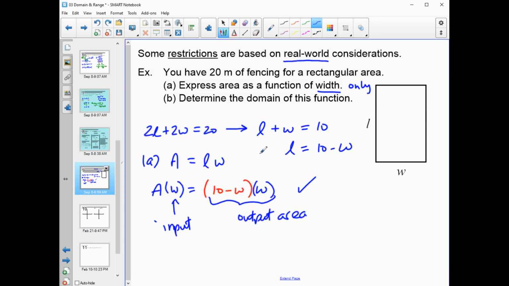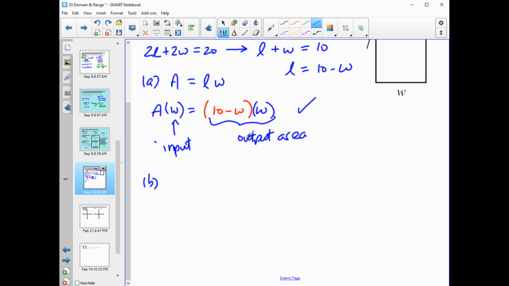Determine the domain of this function. Okay, well, that's interesting. Let's look at B. Now, there's a couple of ways that you could do this. Again, one way we could do it is we could come up with a sketch, or maybe we could make use of the fact that we're going to have a parabola here, because notice I've got W to the power 1 and W to the power 1, and when I multiplied those out, I ended up with a W squared.